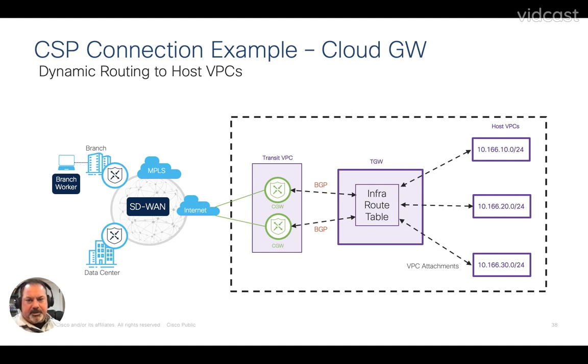That allows us to have those routes automatically propagated based on a policy for VPN VRF separation. That's what we're going to go through today in the demonstration: how do we do that with vManage, and how have we simplified this whole process so that it's easy to get up and running and customers don't have to deal with all the different pieces that would normally be part of the solution.